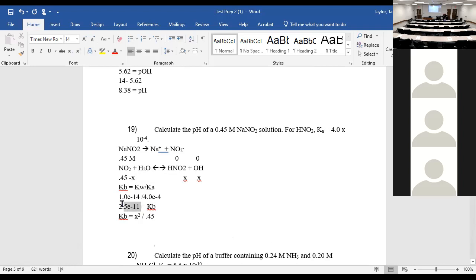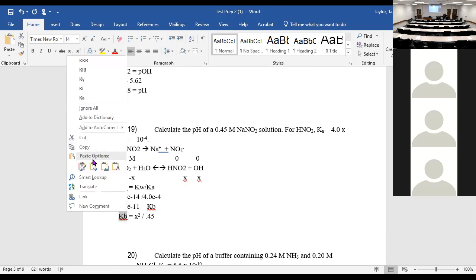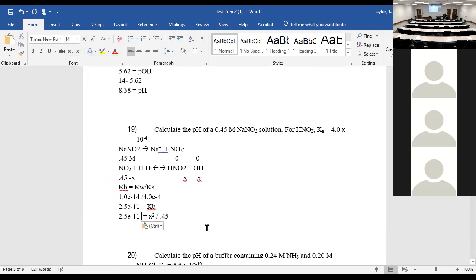And let's copy paste this for Kb. And then we just do the math to get 2.5 times 10 to the negative 11 times 0.45. X is equal to 3.35 times 10 to the negative 6.